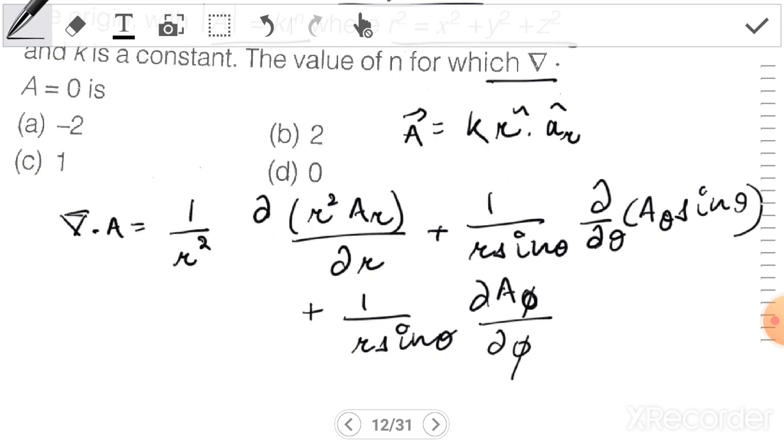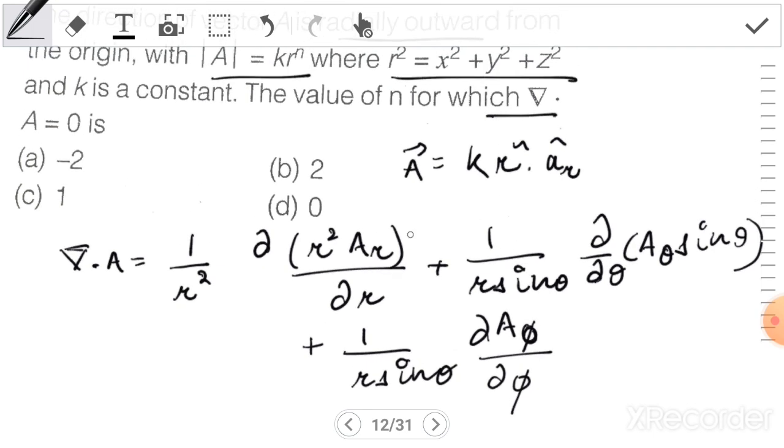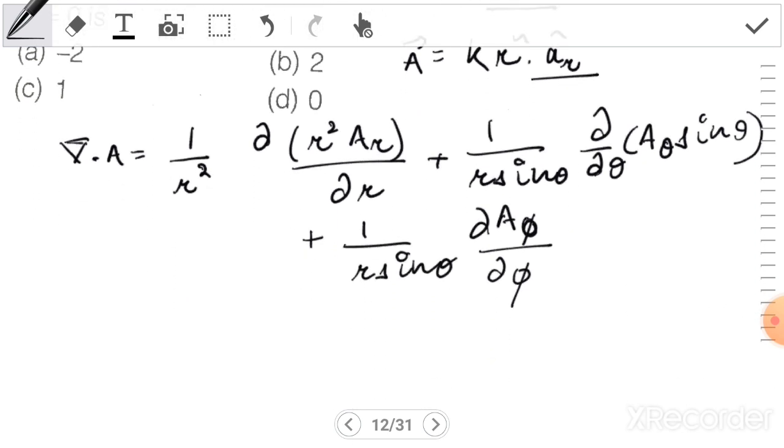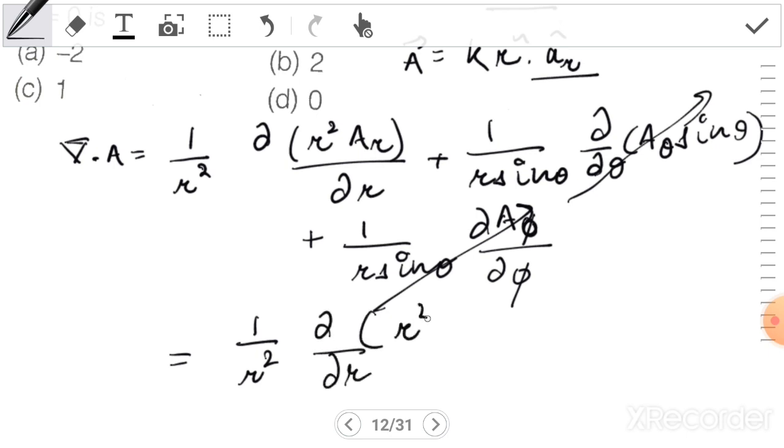Okay, so here we have only the radial component a_r, so the theta and phi components are 0, so we have 1 by r square del by del r of r square times k times r raised to the power n.